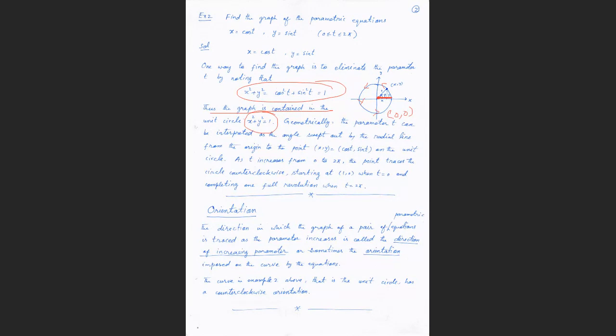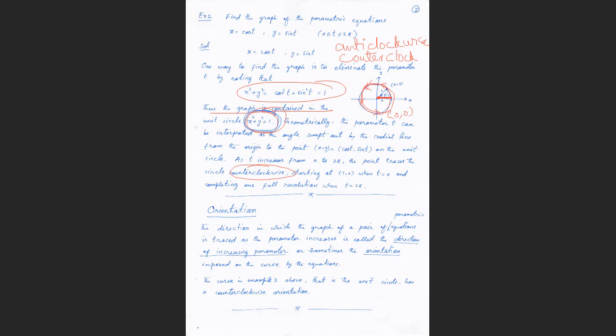So this is the equation of the circle, and we have the graph of the circle in this direction, in the anti-clockwise direction. Anti-clockwise or counterclockwise is the same, the opposite of the clock direction.